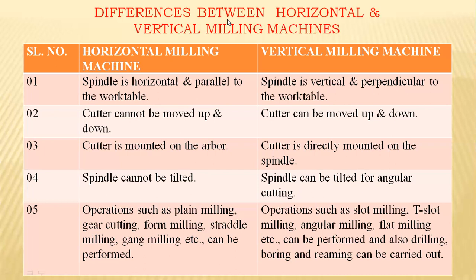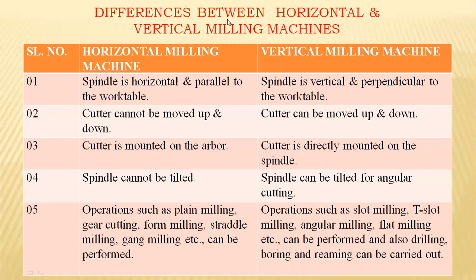In the case of this vertical milling machine, certain operations such as slot milling up to a particular depth, and with different shapes, V shape, U shape, T slot milling, angular millings with respect to different angular specifications with slotting mill cutters or tools, flat milling, etc. can be performed.